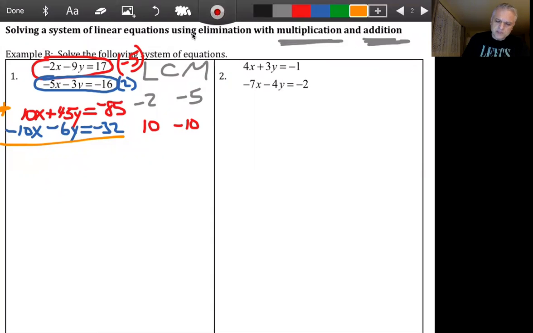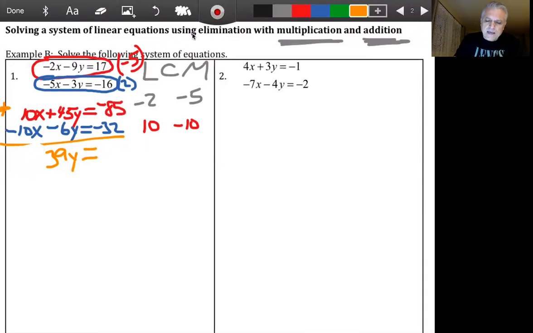So 10x plus negative 10x gives you 0, which is a cancel. 0x is just 0, so I don't need to bring it down. Next, I got plus 45y added to minus 6y. Well, 45 plus negative 6 gives you positive 39y.